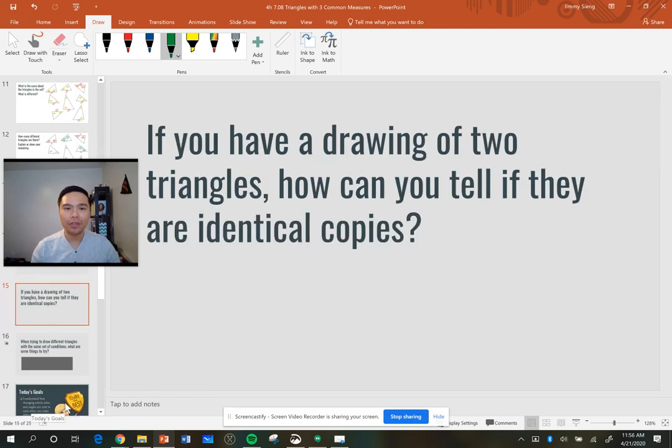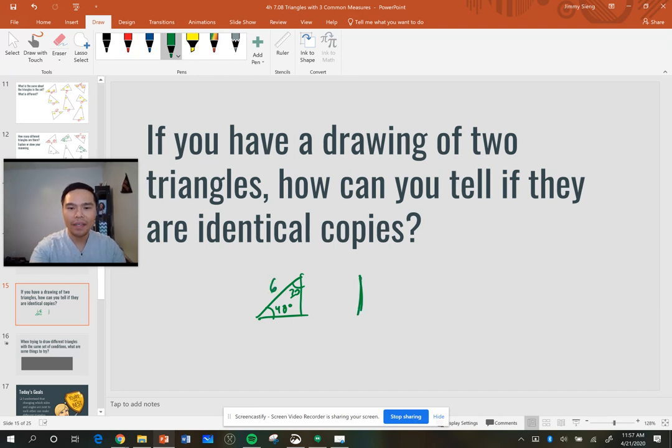And then if you have a drawing of 2 triangles, how can you tell if they are identical copies? I kind of just answered that already, but again, we know that they're identical copies if, for example, I draw, let's say, 2 triangles here with an angle and 6, 30 degrees, 40 degrees. Let's make it easier right there.